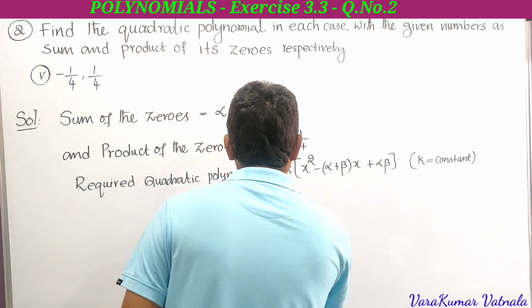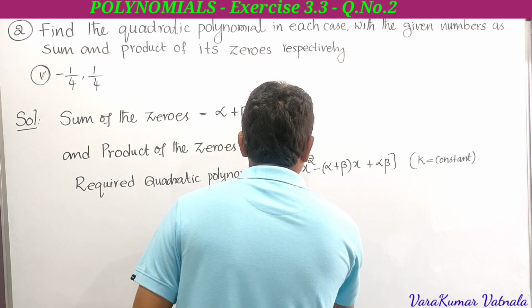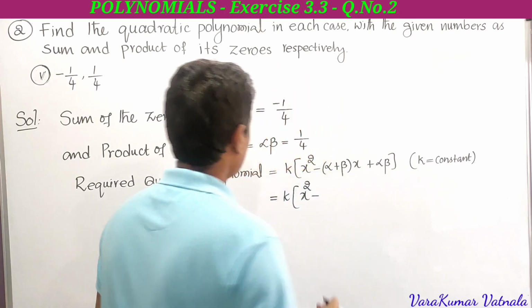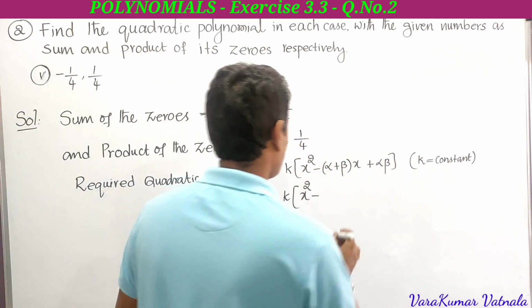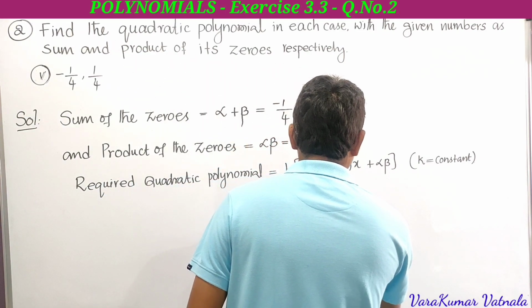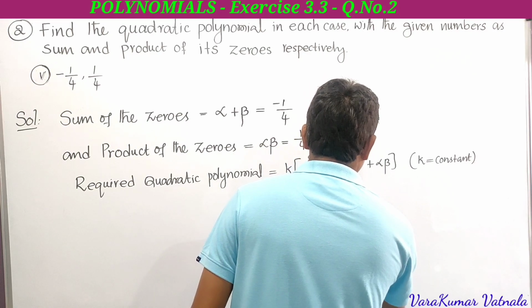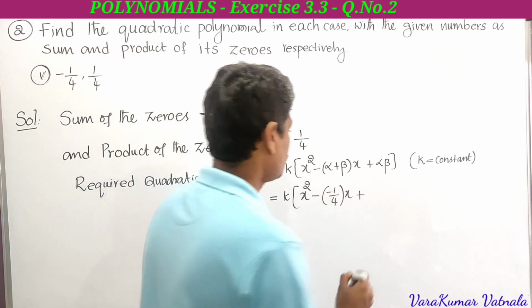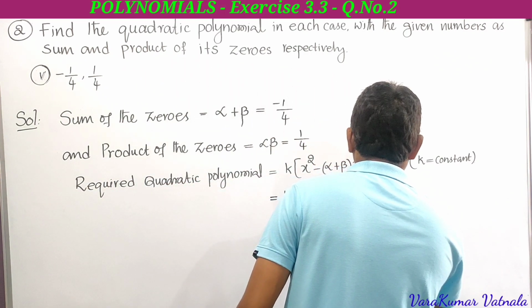So see here, k into x square minus alpha plus beta, which is minus 1 by 4. So I am substituting minus 1 by 4 into x plus alpha into beta, whose value is 1 by 4. So I am writing 1 by 4.